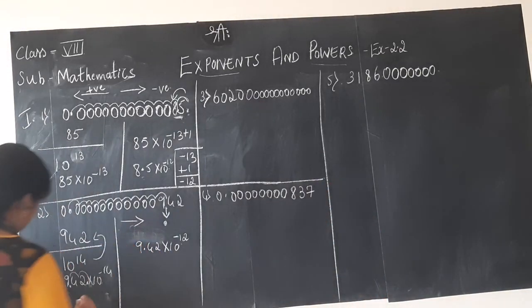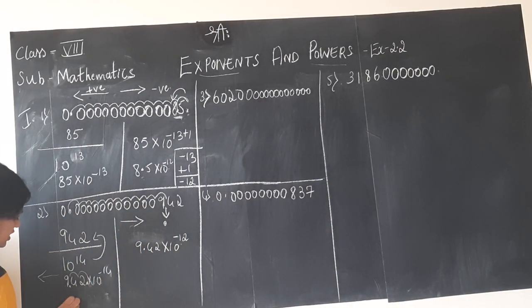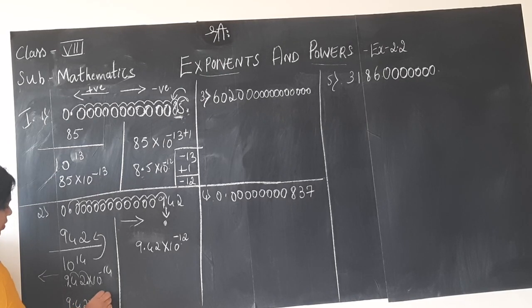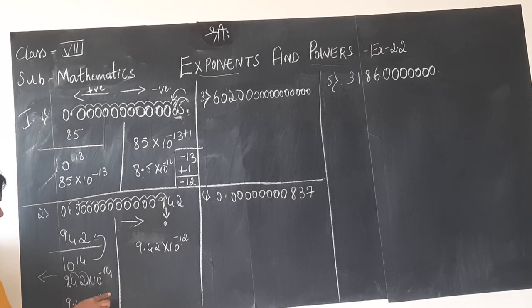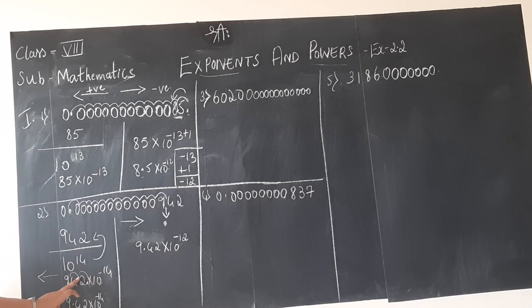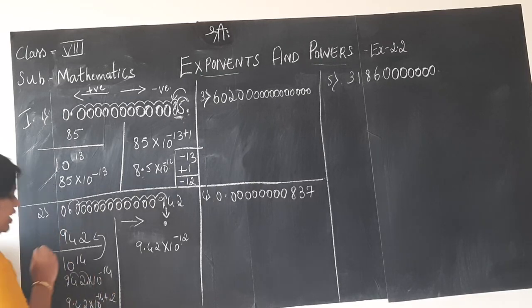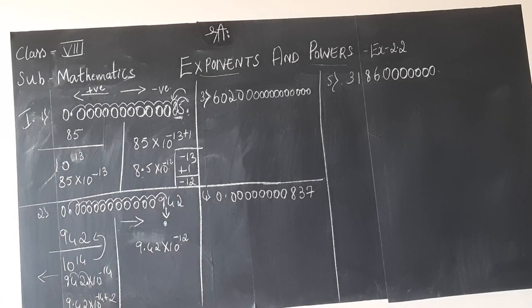So now I am expressing this 942 as 9.42 into 10 power minus 14, whatever we had, I am writing as it is. But when I made this 942 as 9.42, I shifted the decimal point 2 places in the backward direction. That means for 2 places backward, I will do plus 2. What is minus 14 plus 2?